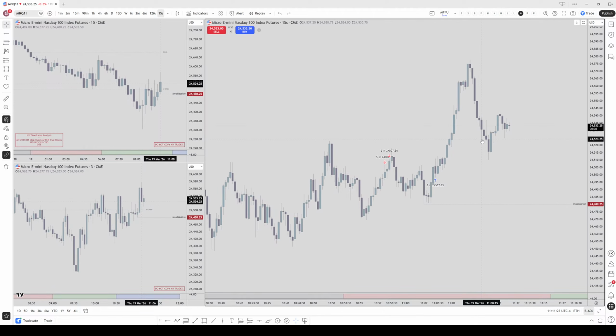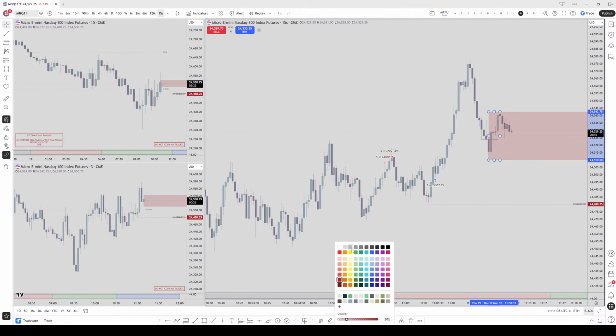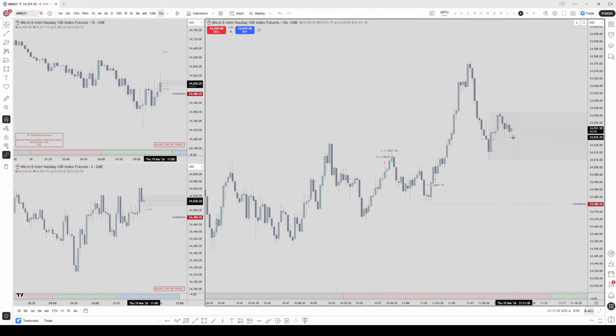So right here is a stop hunt. Okay, we shifted higher. Coming back into discount right now. I'll need a stop hunt of this low.